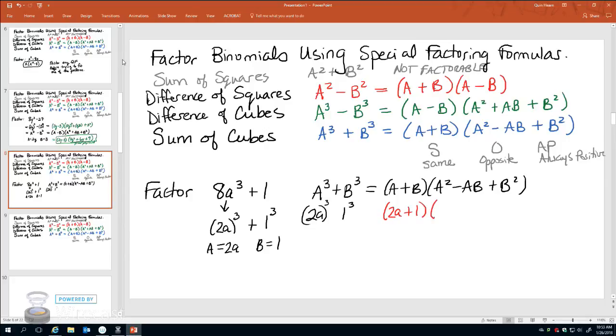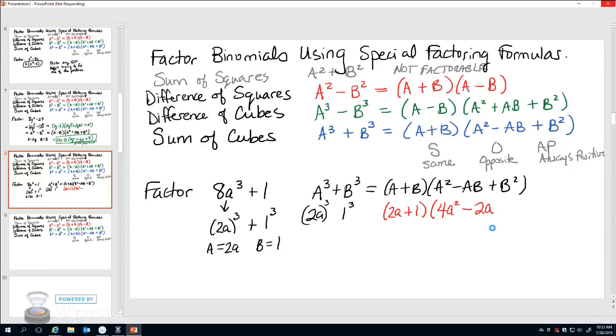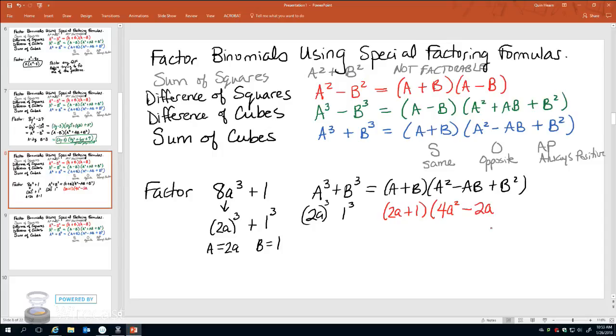Now we have a squared, so 2a squared is going to be, if you square 2a, you get 4a squared, minus 2a for the a and 1 for the b. So 2a times 1 is just 2a. And then b squared, so 1 squared is just 1. And that's it. We know that trinomial is going to be a prime polynomial. We can't factor it any further.